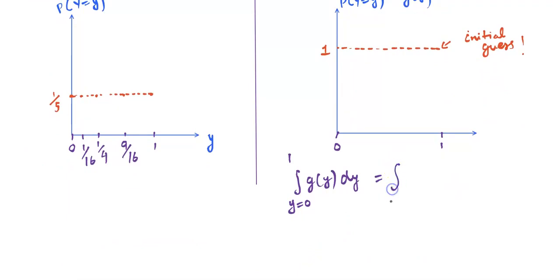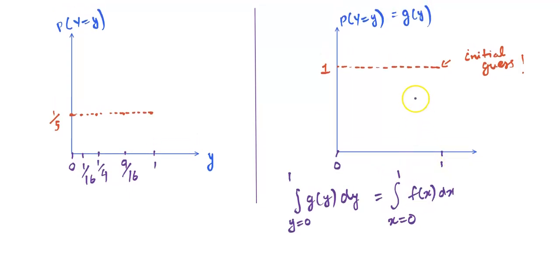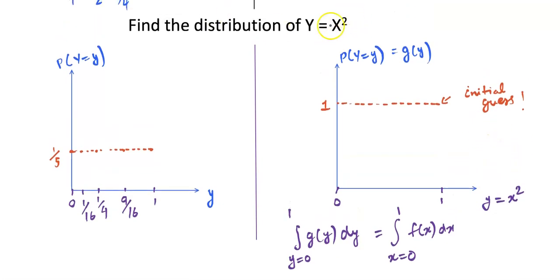So that has to equal the integral of f of x dx, with x ranging from 0 to 1. And maybe I should have specified this, but g of y is the probability density of the random variable y. We're using g of y and not f because it could be a different function for all we know. And y and x are connected by the equation that we had seen earlier.